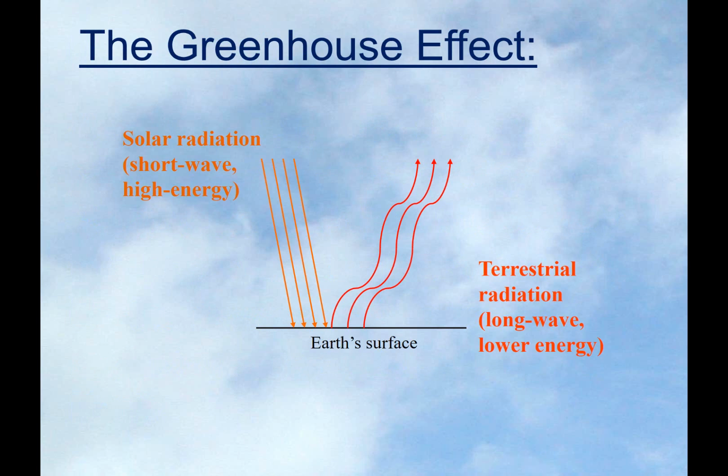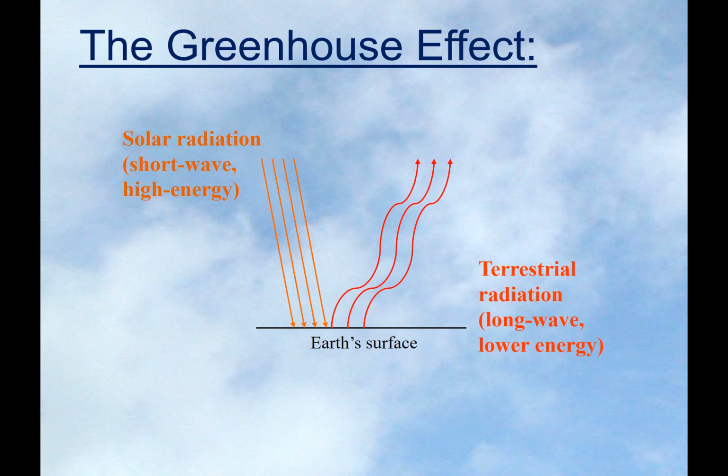This is just the natural greenhouse effect. So solar radiation, radiation from the sun, comes to us high energy, short wavelength. Most of it's able to get through our atmosphere no problem. It reflects off the surface. Now, terrestrially, the Earth sometimes absorbs some of that radiation. It's not all of it that bounces off. We call this terrestrial radiation because this is now reflecting off the Earth's surface.